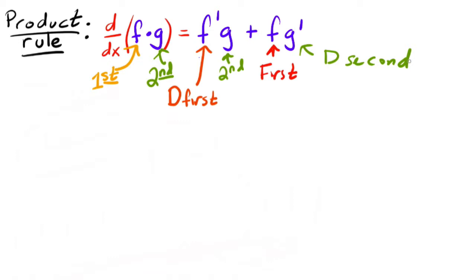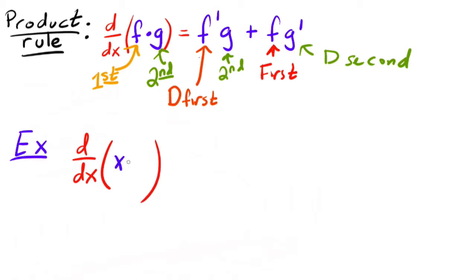Okay, so let's do an example of how you actually do this. Let's say you're multiplying two functions. Let's say you want to find the derivative of x times e to the x.